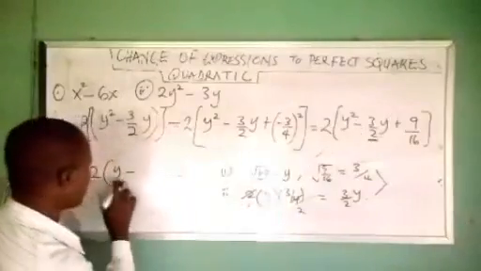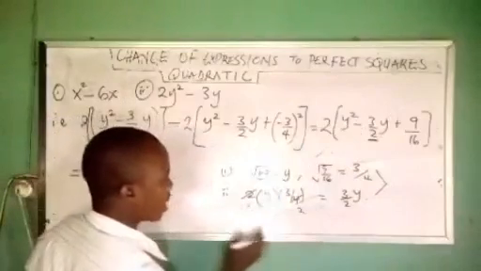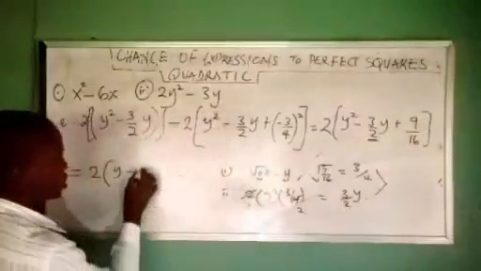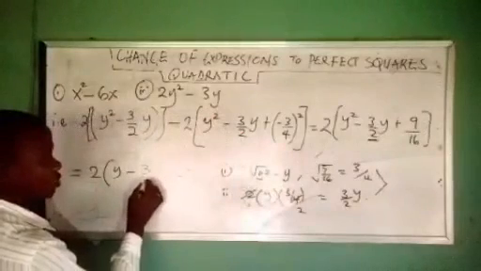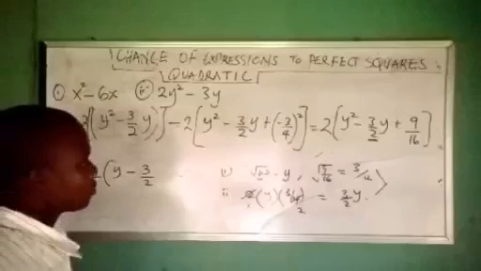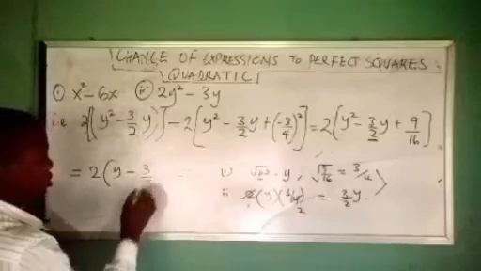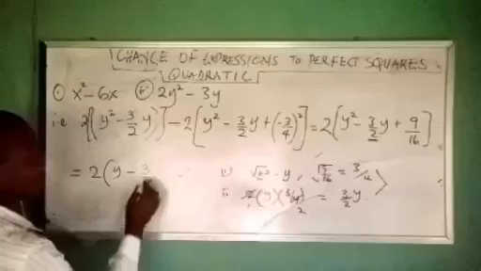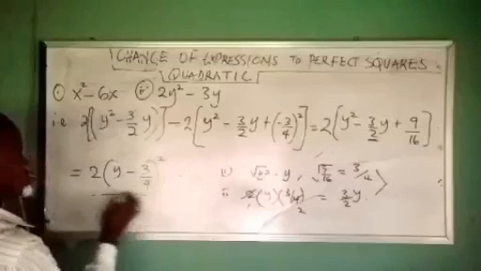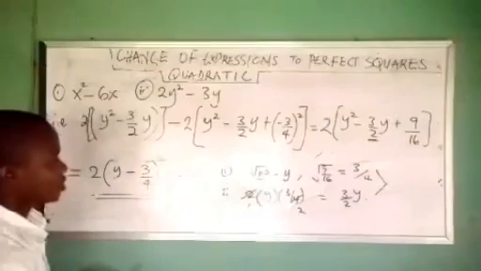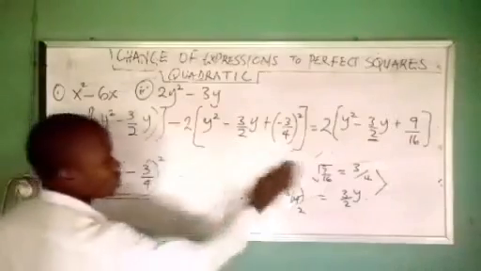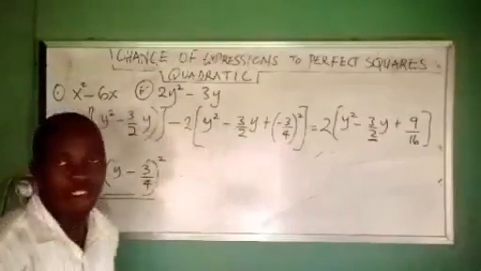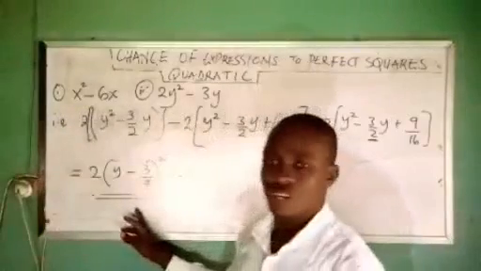Then the square root of the last term, which is 9 over 16, is 3 over 4. This is the square root of this, 3 over 4, then all square. So this is the solution. We completed this expression to be a perfect square and we factorized.